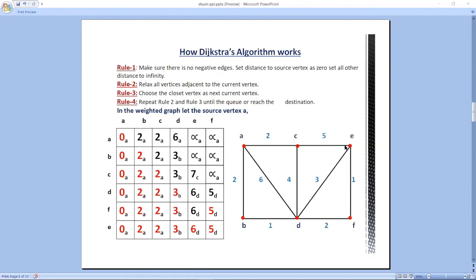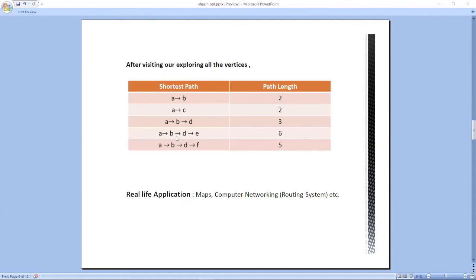If we want to find the vertex E, E row wise is here and column wise is here, 6 units from D. So E is coming from D, D is coming from B, and B is coming from A. So our shortest path will be A to B, B to D, and D to E, and the path length will be 6 units.